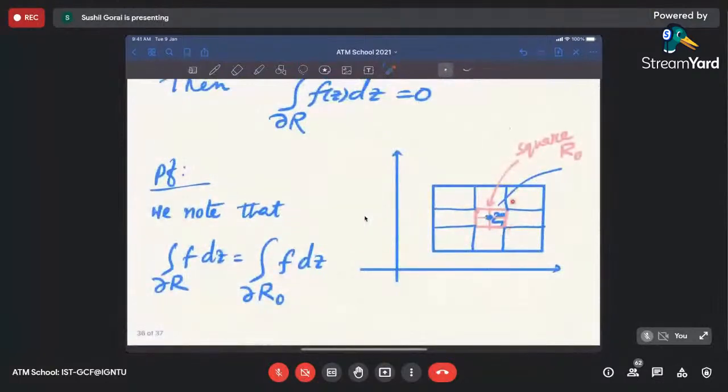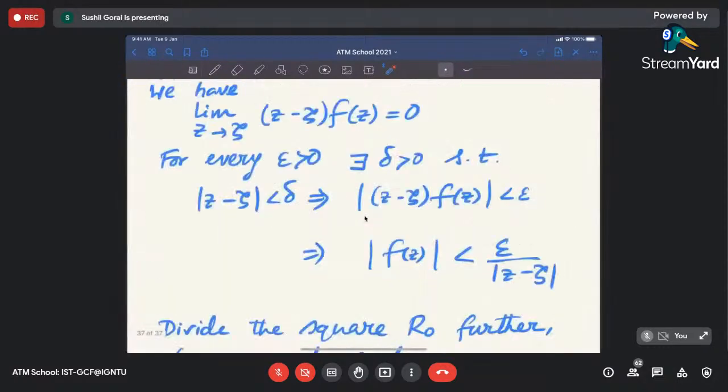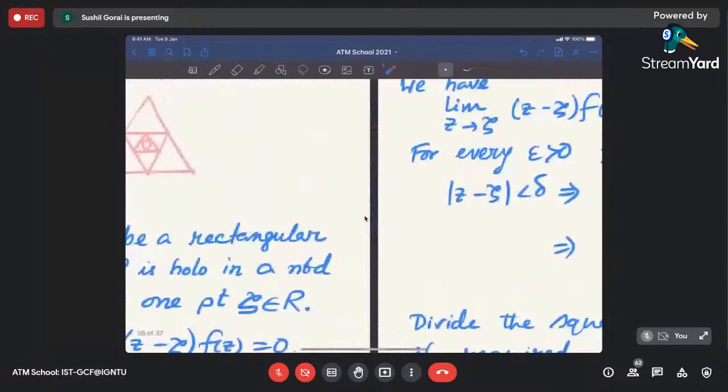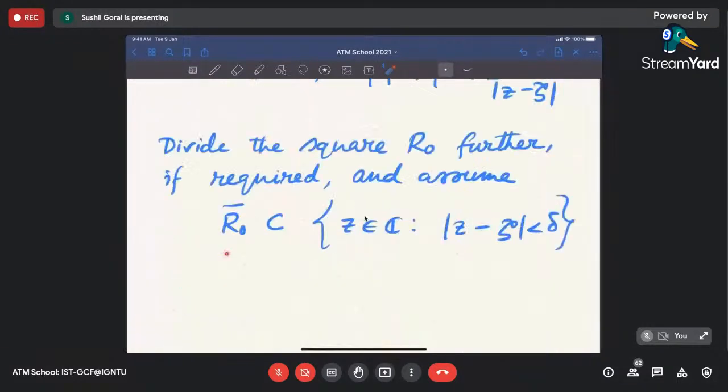We can divide further and further, keeping zeta at the midpoint, and make it smaller and smaller so that this holds. All right.